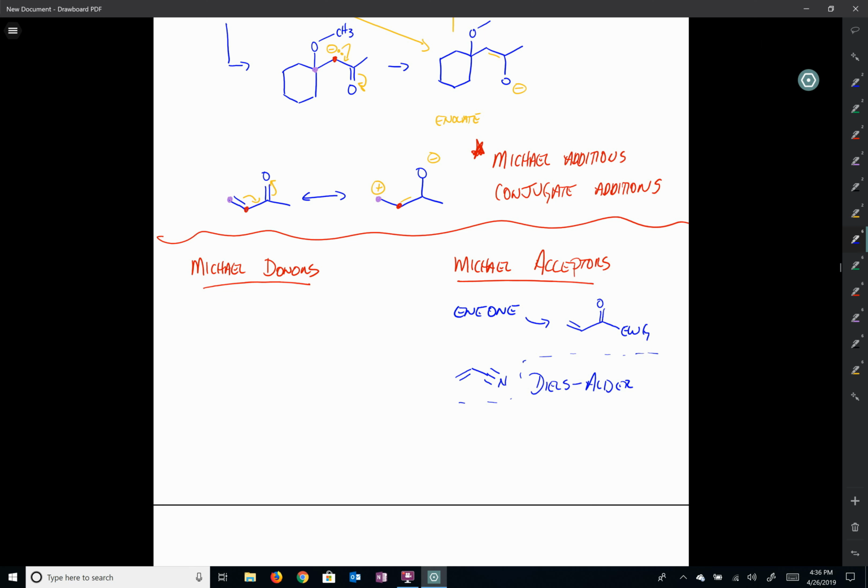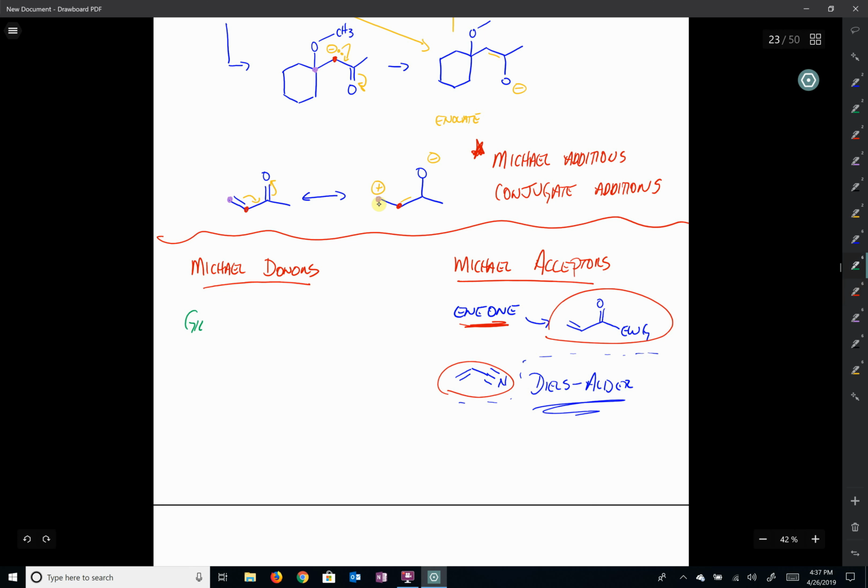Now, Michael donors tend to be carbons with negative charges. But again, we have to stabilize that negative charge to make it a little bit softer, if you want to think about it like that. Let's walk through a couple of them real quick. So Gilman reagents.